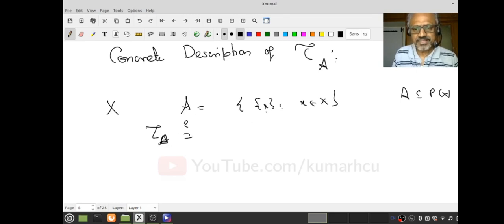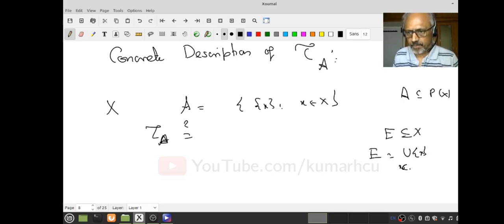It should contain all singletons. And what do we know? Since tau A is a topology, arbitrary union of open sets in tau A should again be in tau A. But then if you give me any subset E of X, I can always write E as a union of singletons {x}, x in E. Are you following, or shall I erase it and write it again?